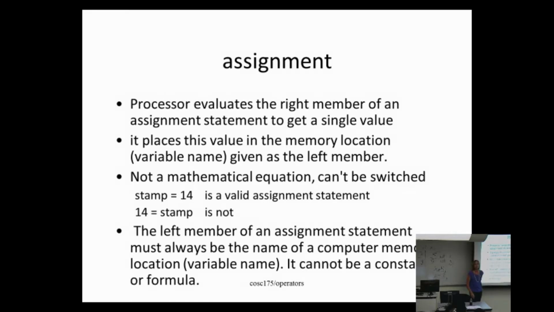Okay? So whenever I use assignment, I start at the right, evaluate, and then take that value and put it into the variable on the left. Does that make sense? So start at the right, evaluate, put that value into the variable on the left. Okay? What's wrong with this? So let's say I have a variable called stamp.